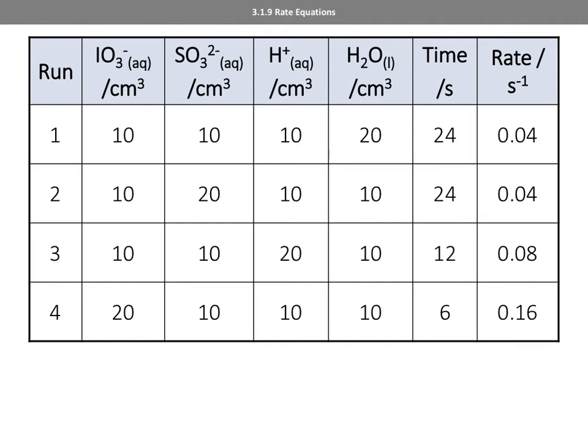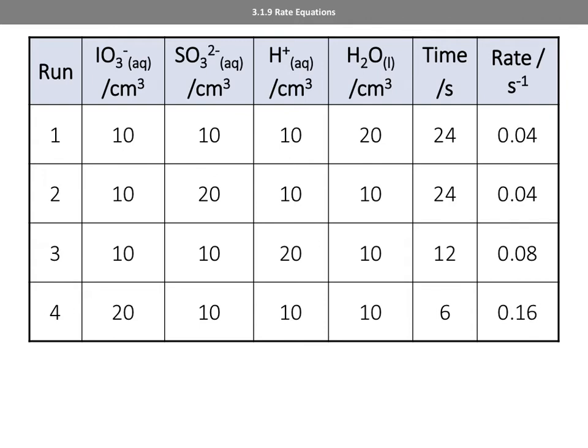Now water isn't part of the reaction, but the reason it's here and the reason that it's a different volume in run 1 compared to 2, 3, and 4, is that if you look at the total volumes for each of the runs, they're kept the same. The reason that the total volume must be kept constant when we're collecting this data is so that the concentration of each reactant is proportional to the volume we added.